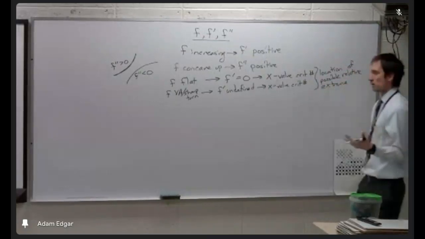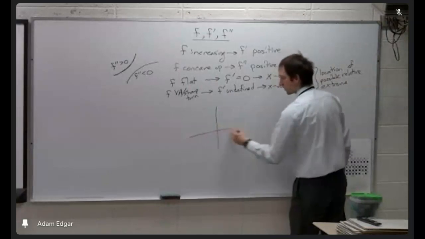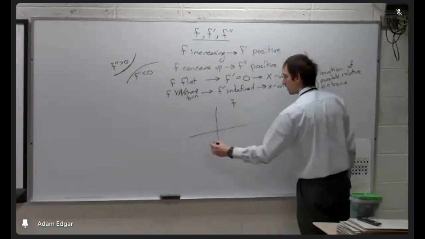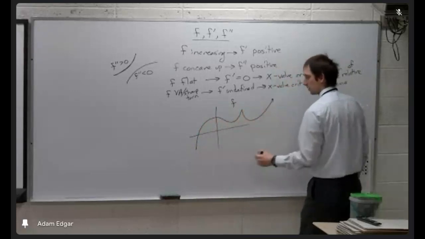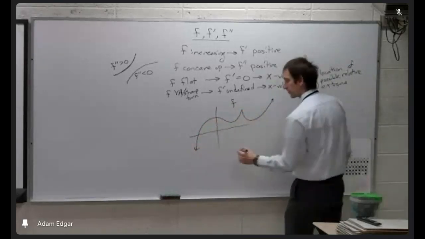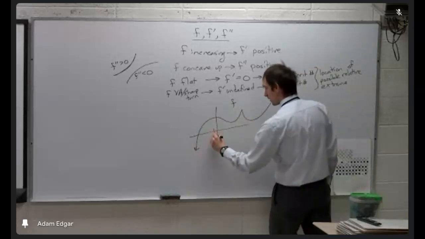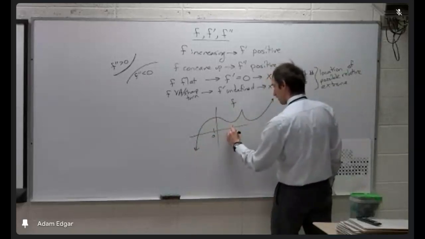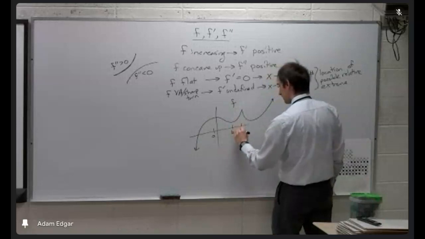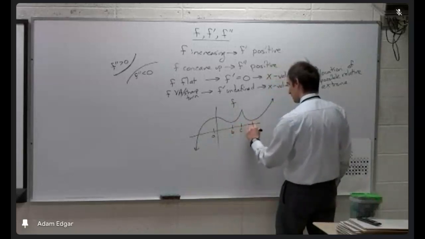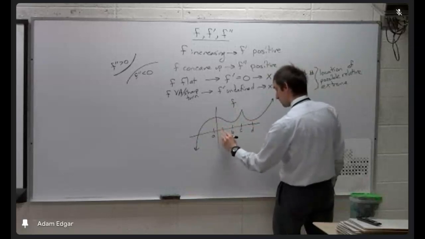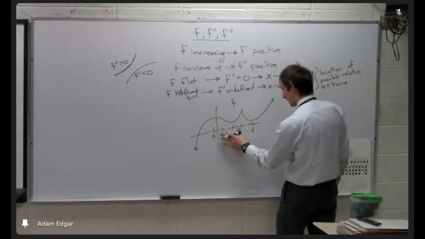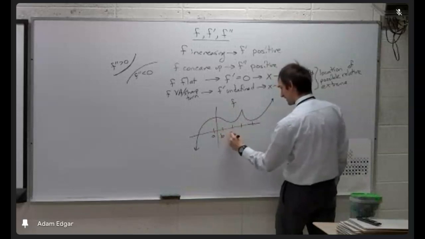So if we gave you the graph, here's f, and that's what f looks like, and so there's A, B, C, D, E. Name these things.